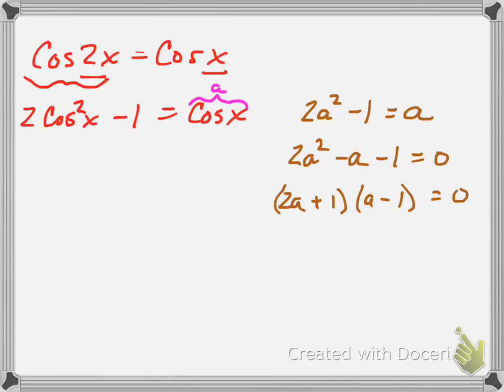Or a minus 1 and 2a plus 1. Using those two parentheses, I know that the solutions are for a, negative 1/2 and 1. If you need help on that right side, you need to go back and watch a video from chapter 5.